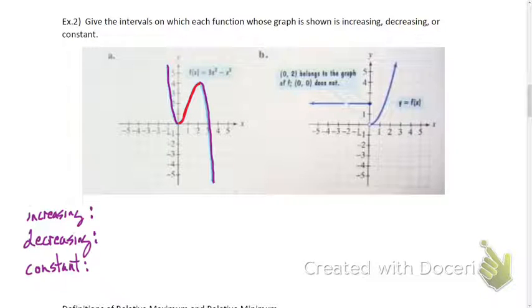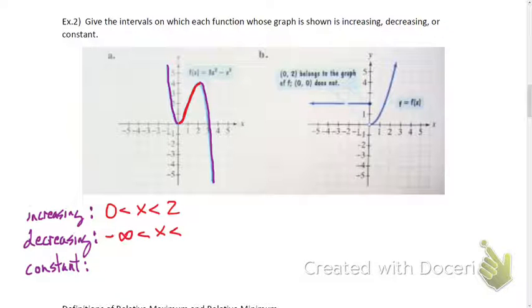So right here for increasing, I'm going to say it's increasing from 0 until 2. It's decreasing, starts at like negative infinity. It's an ugly infinity. Let me try again.